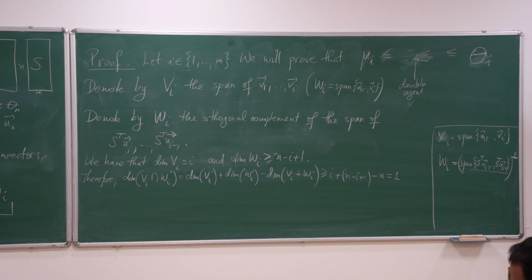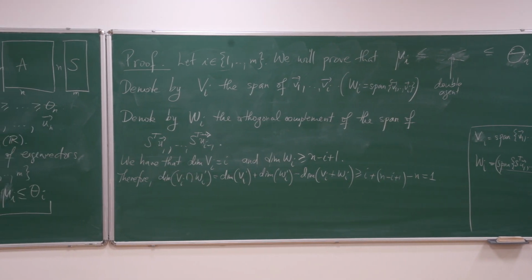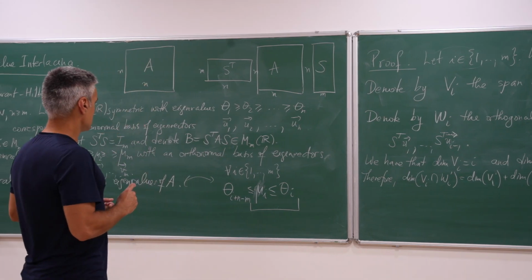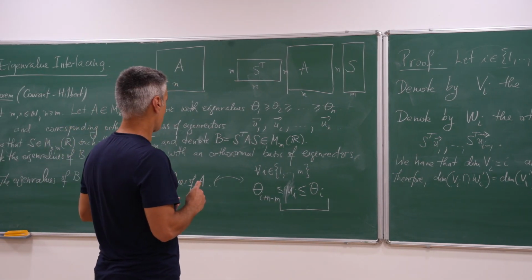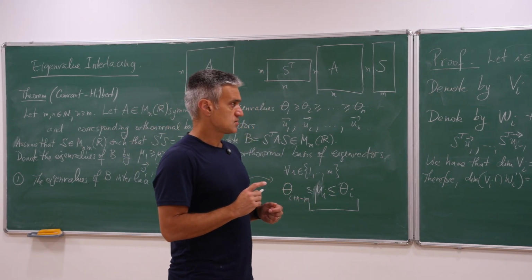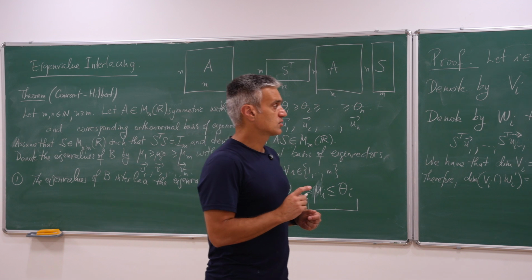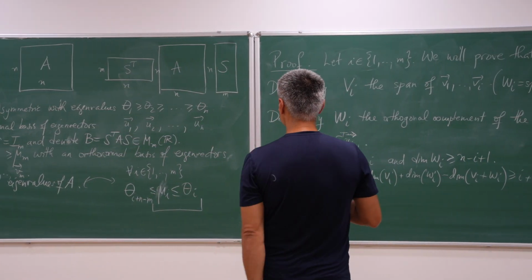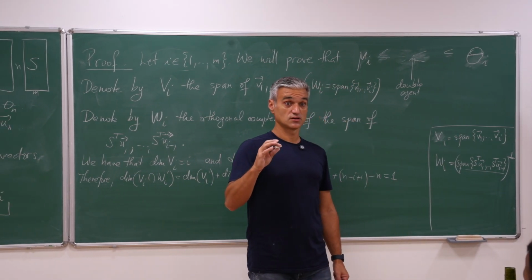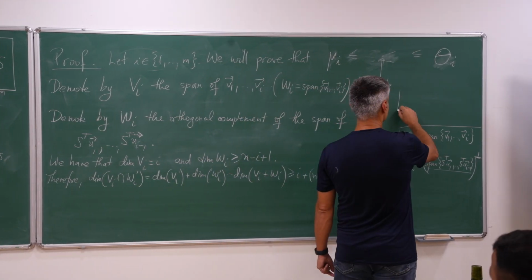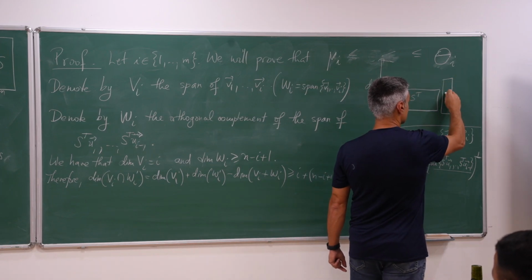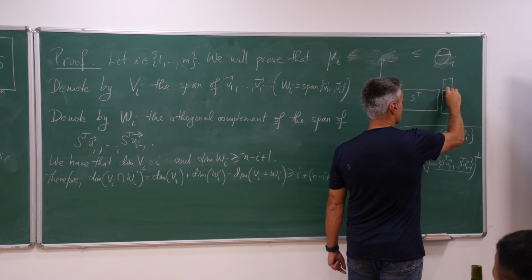Yes, question? Explain again this dimension of Wi, because S transpose Ui has m components. Just a second. The U's are tall vectors, so S transpose is a long matrix.